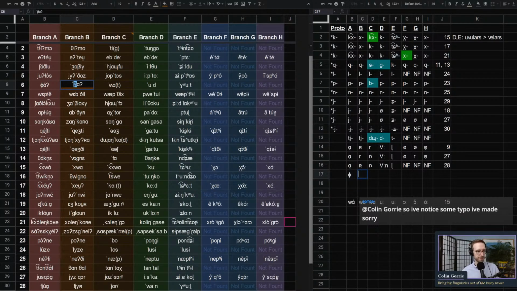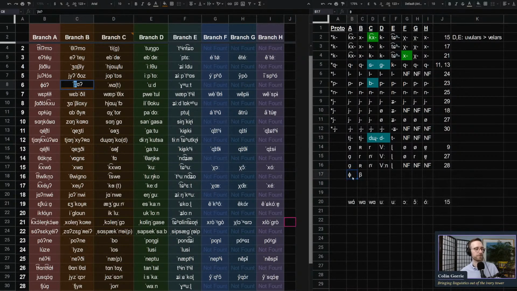So we have f, voiceless bilabial fricative in A. We have the voiced bilabial fricative in B. We have the voiceless labial velar approximant in C. We have nothing in D. We have a labialized voiced velar fricative in E, and then we have not found in the rest.